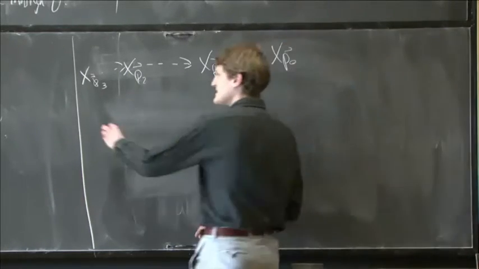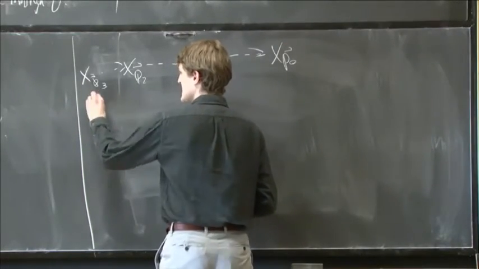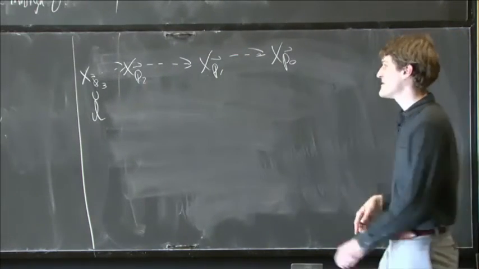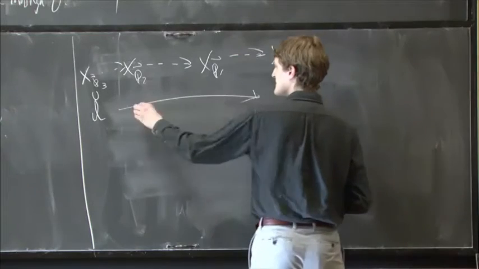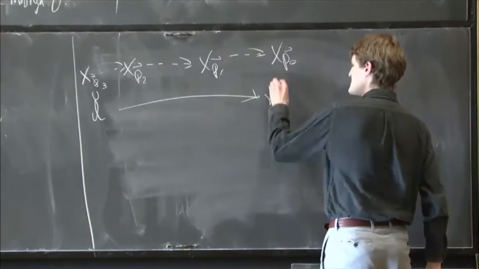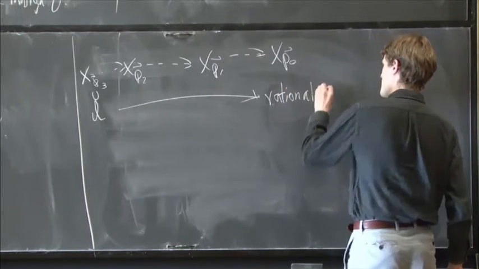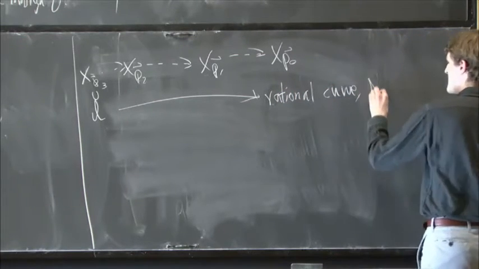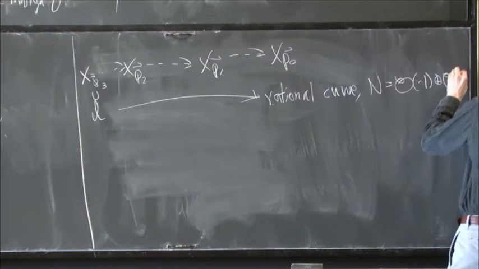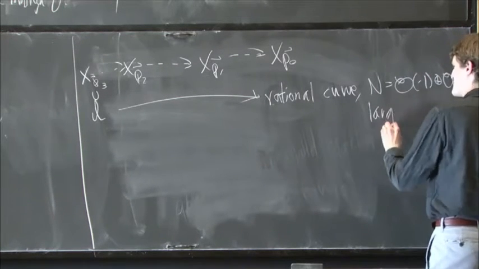So if I take a line between 2 points on X_P3 and I take its strict transform, I get a rational curve with normal bundle O(-1) plus O(-1), but of quite large degree.